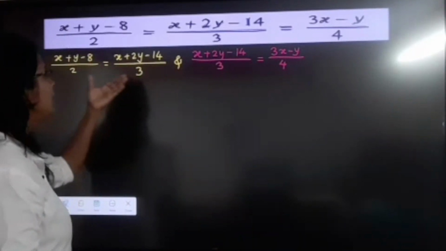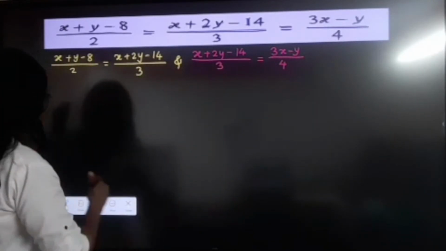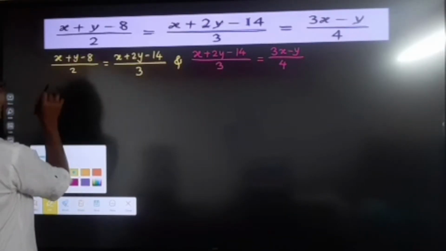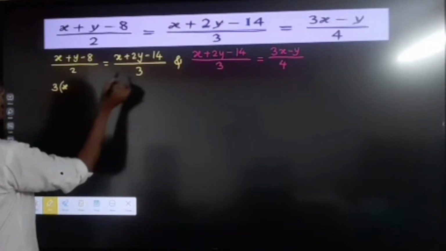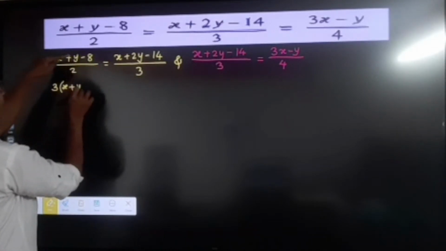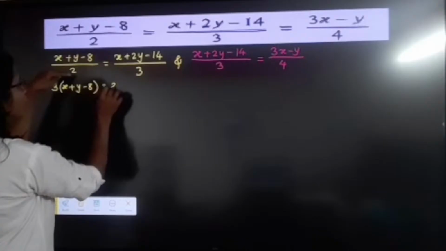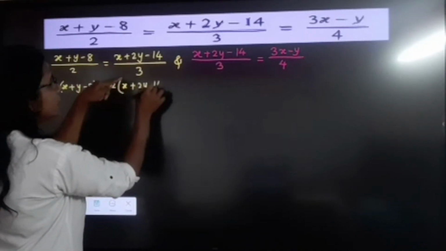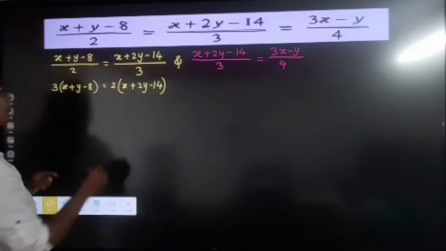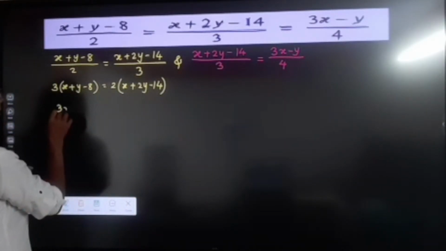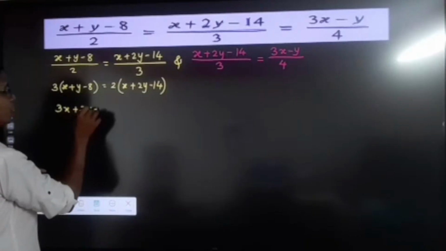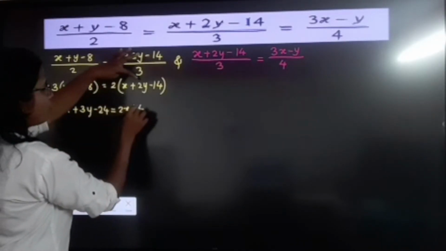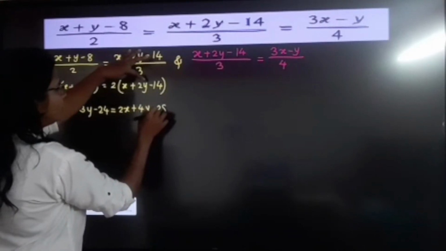So now from the first ratio I try to get the first equation. Cross multiply: 3 multiply x plus y minus 8 is equal to 2 multiply x plus 2y minus 14. This is the cross multiplication. Then 3x plus 3y minus 24 is equal to 2x plus 4y minus 28.